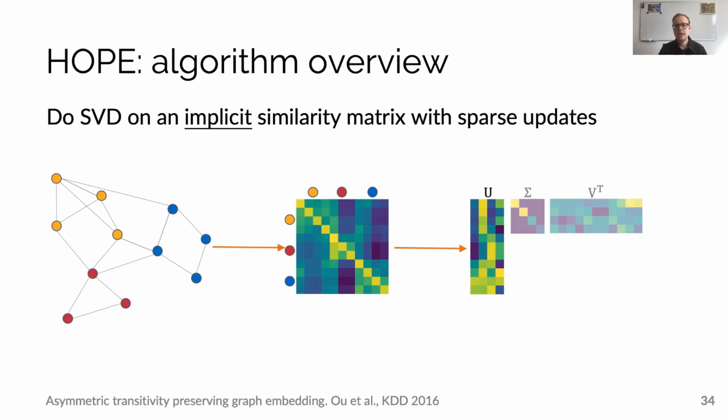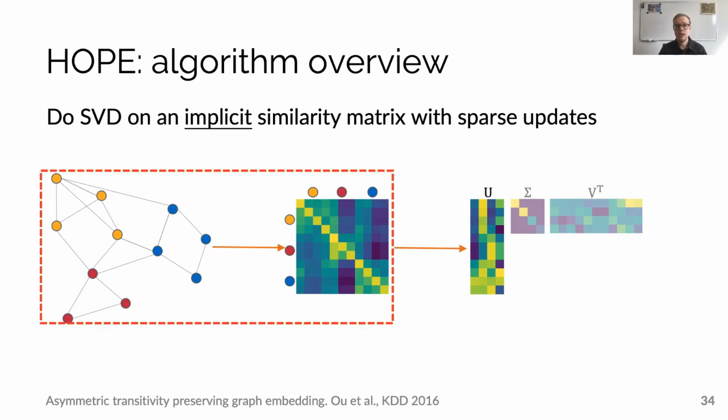And the idea there is basically that storing the whole similarity matrix M is extremely expensive. If it's a dense matrix, as we can see in the example, it's typically dense. We need a lot of memory. So can we do the decomposition implicitly with some sparse linear algebra solvers? So it turns out that yes, we can do that.